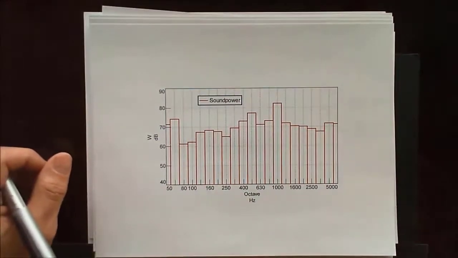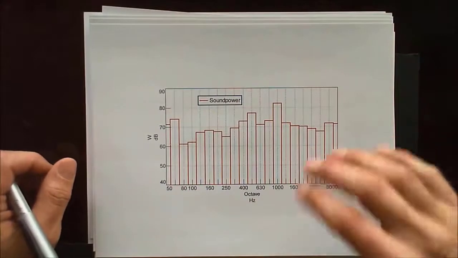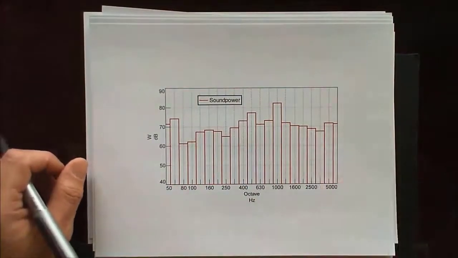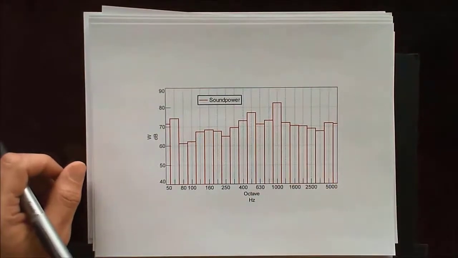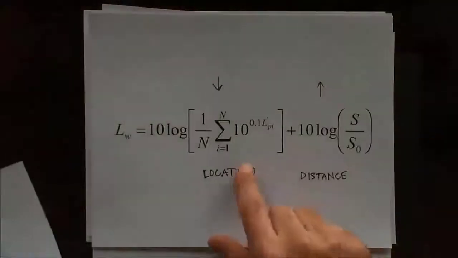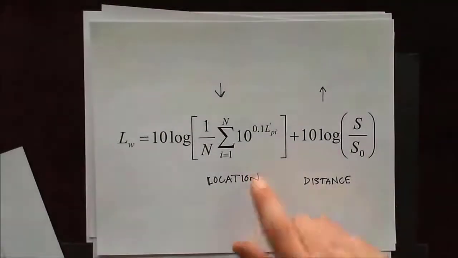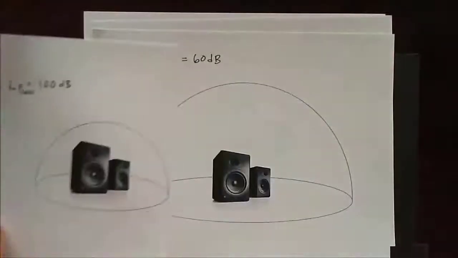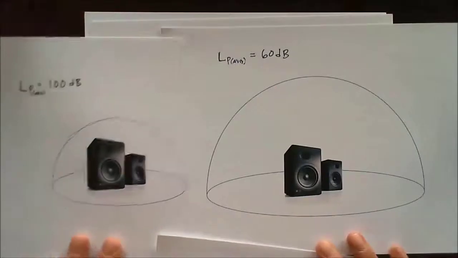But then we know the sound power level of this object that we started with, and it doesn't matter anymore where we place our microphones, as long as we're following the standard, or how far away they are. This sound power equation here is going to take care of all those things for us, and we're going to get the same answer, even if we use drastically different test setups like we see here.